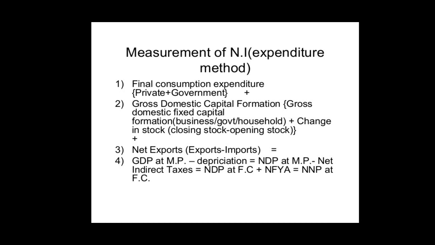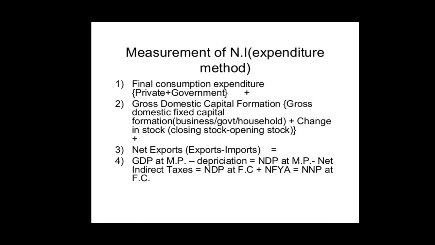On deducting depreciation charges from gross domestic product at market price, we get net domestic product at market price. We then subtract net indirect taxes, which is equal to indirect taxes minus subsidies, from net domestic product at market price to arrive at net domestic product at factor cost.